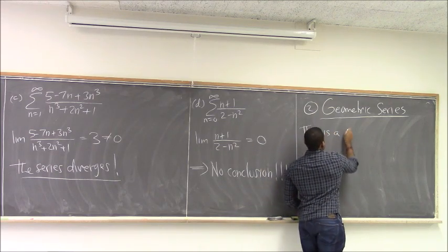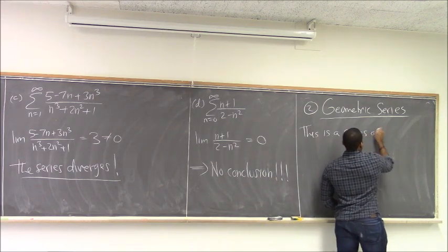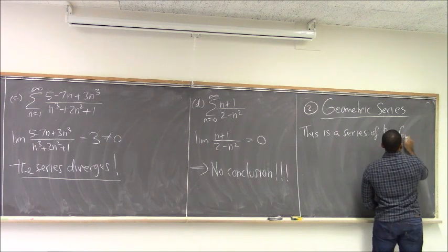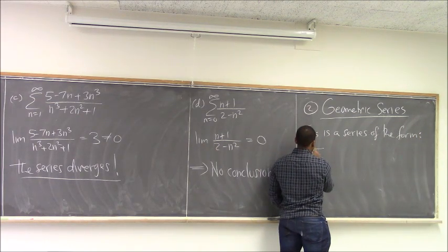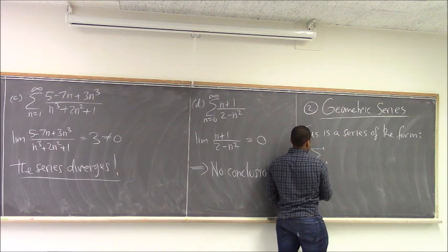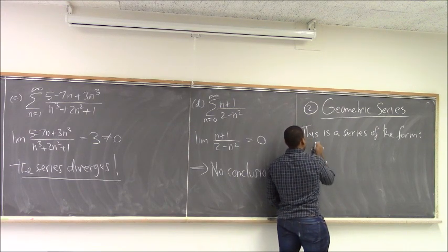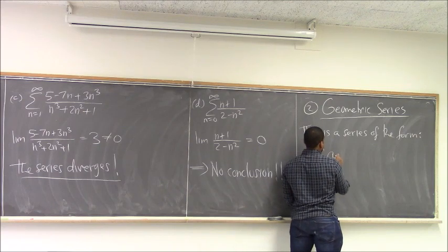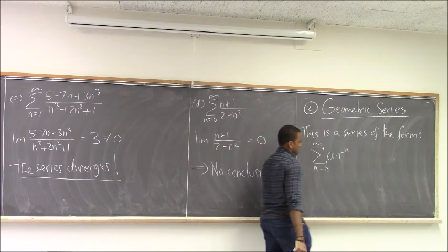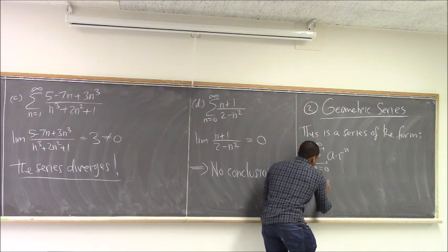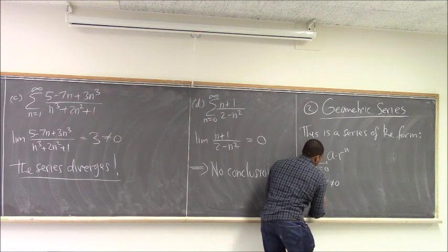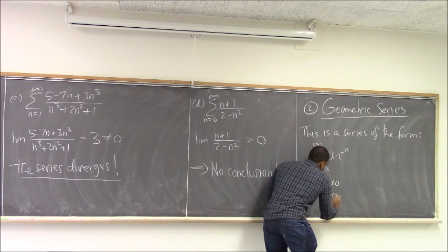Geometric series look like this. If you start them off at 0, it would look like a times r to the n, where a and r, non-zero, are constants.